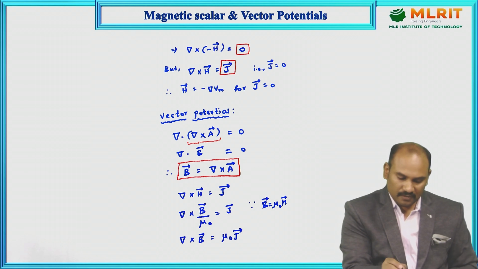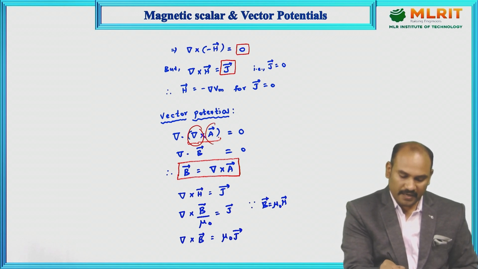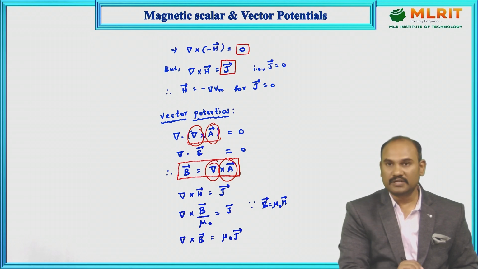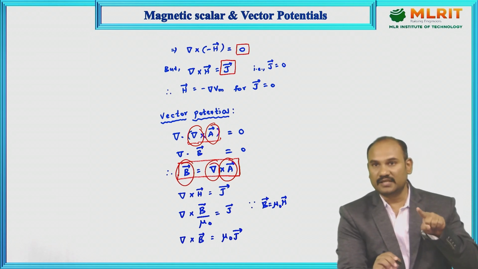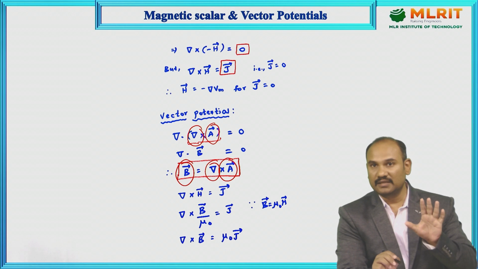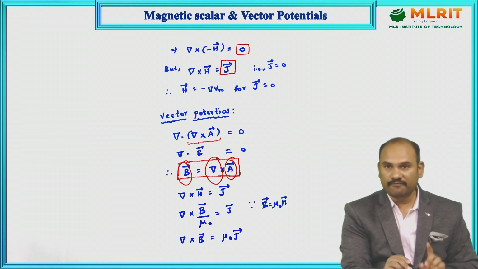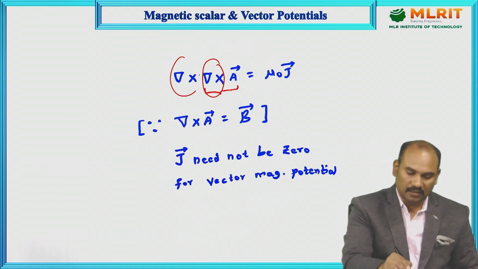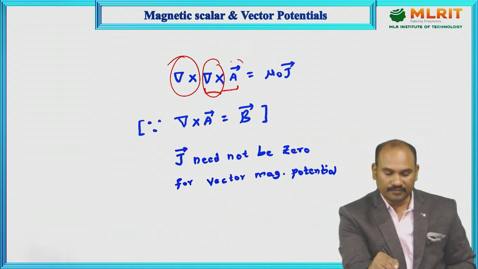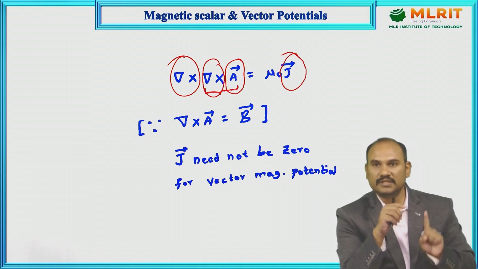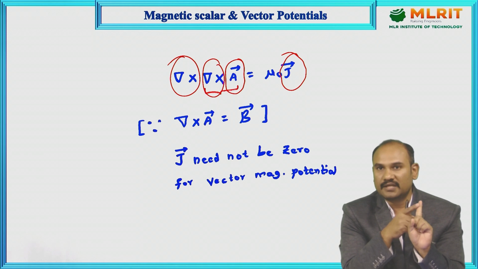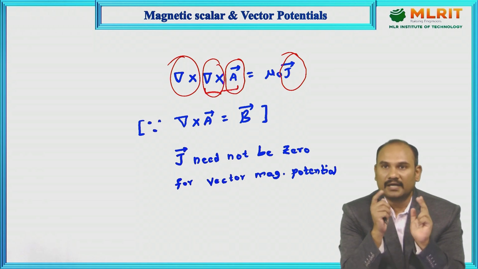Here I am performing the curl operation on magnetic potential. I get magnetic flux density, a quantity which is a density. A single curl operation of magnetic potential gives magnetic flux density. The double curl operation of the same magnetic potential will give you electric current density. Single curl gives you magnetic flux density, double curl gives you electric current density.